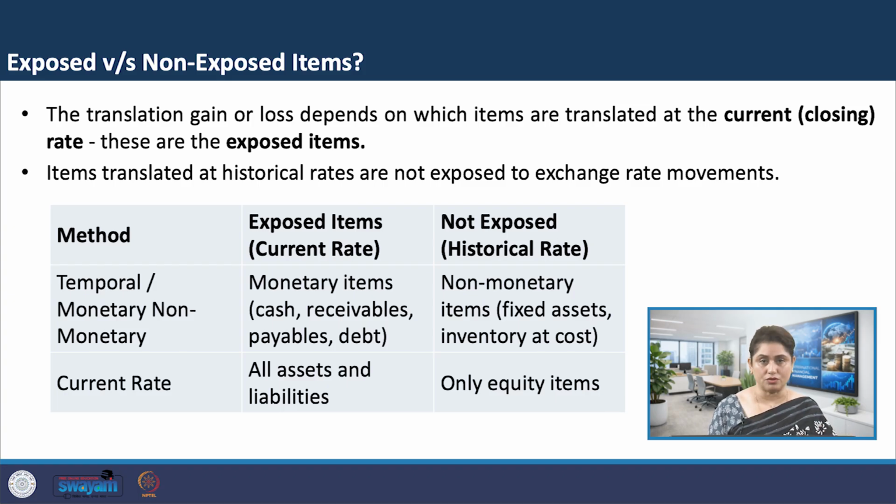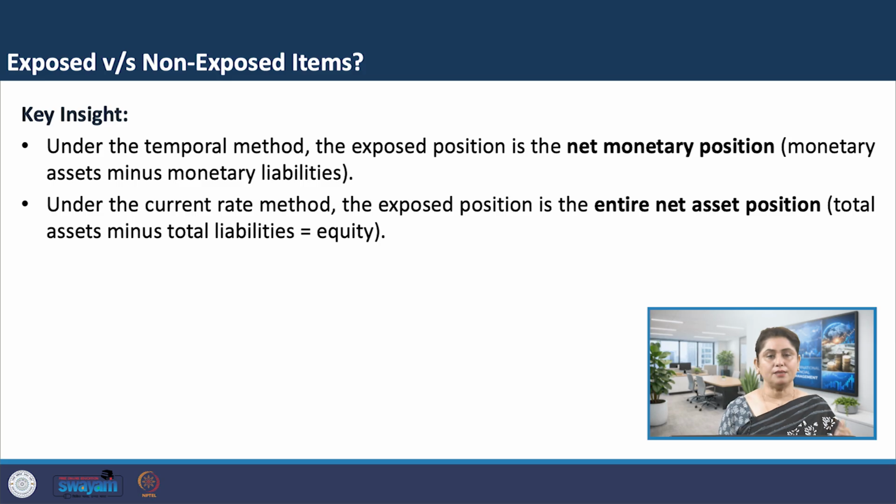Everything is exposed except equity items, which retain the historical rate. Under the temporal method, what matters for the hedge is the net monetary position, that is, monetary assets minus monetary liabilities. Because only monetary items are exposed, the translation gain or loss is calculated on that net. Under the current method, everything on the balance sheet is exposed except equity. So, the exposed position is total assets minus total liabilities, which is simply equity.